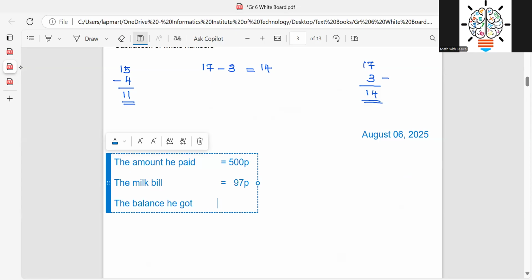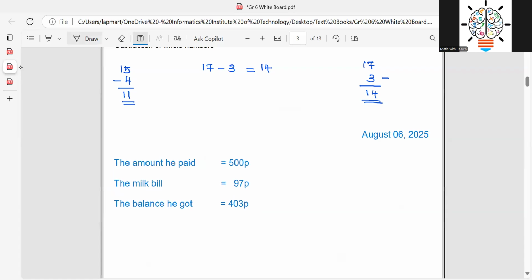How do you find the change? You want to subtract. From 500, when you deduct 97, it is 403 pence. So I will show you how to get this. Now if you have 500 and you want to deduct 97, you want to deduct 7 from 0.